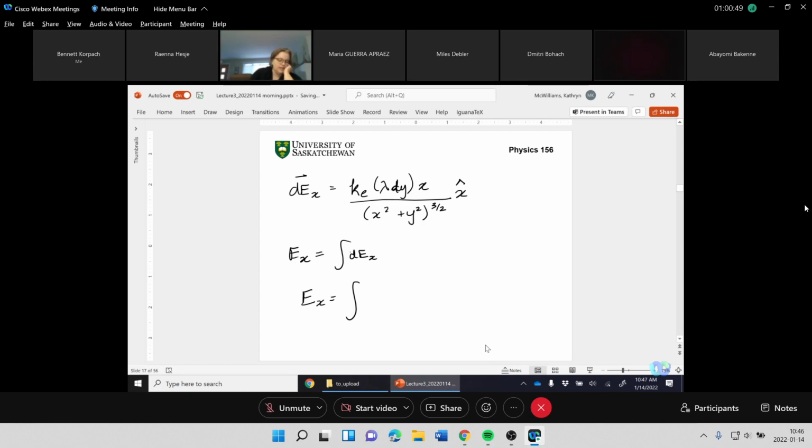So we're going to integrate from y equals minus a to plus a. We have ke lambda x over (x squared plus y squared) to the 3/2 times dy. And remember, x is a constant in this question.